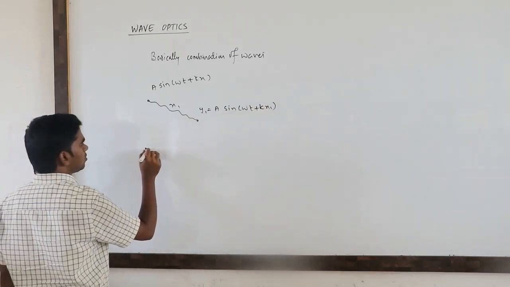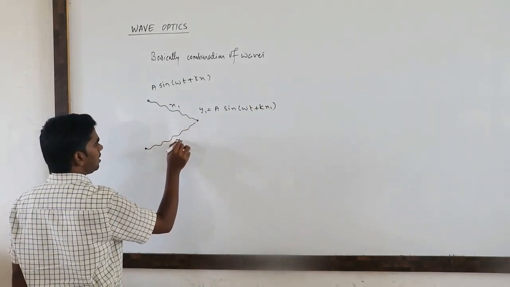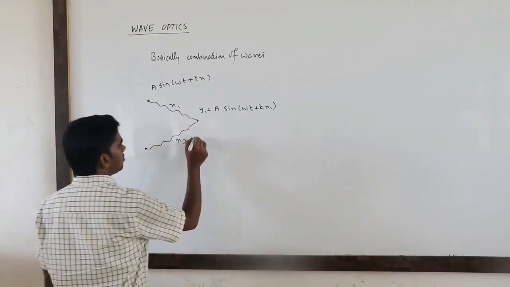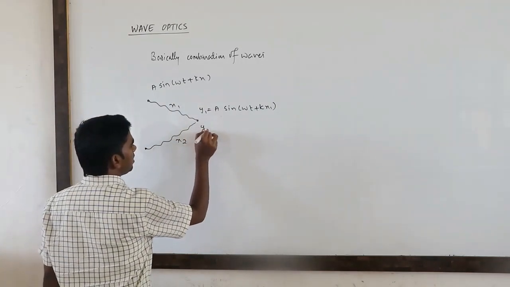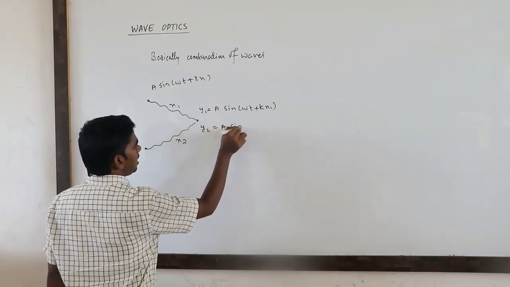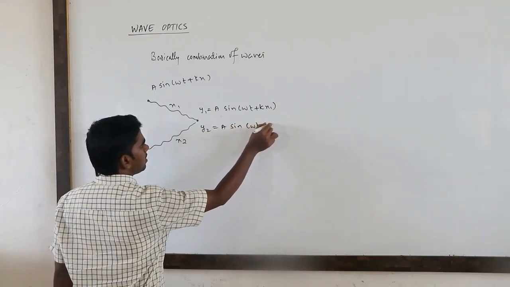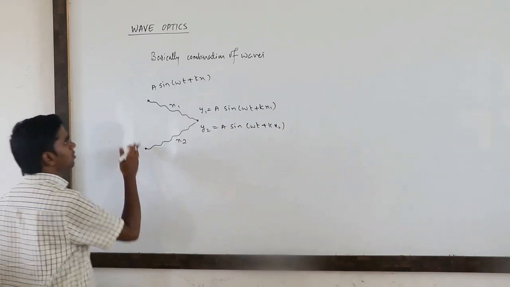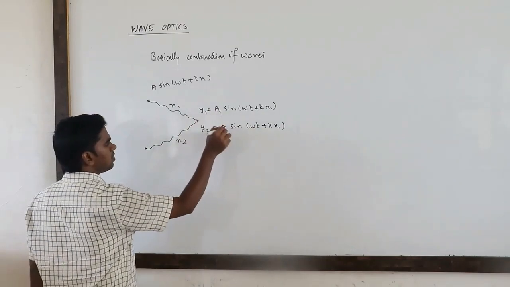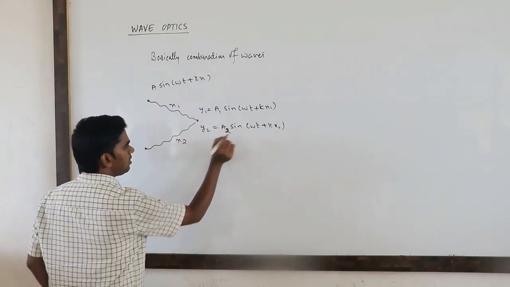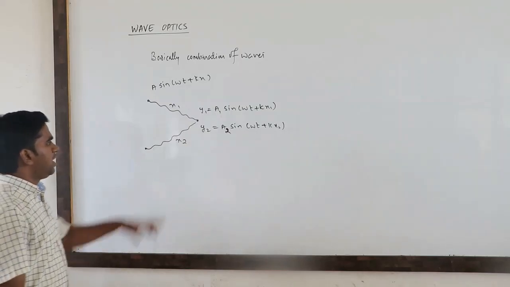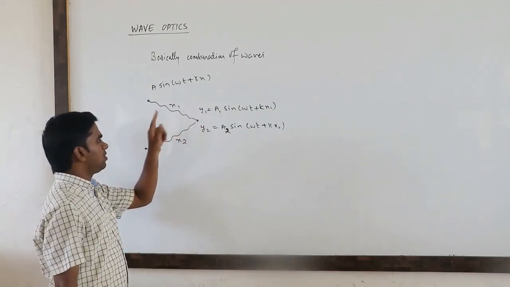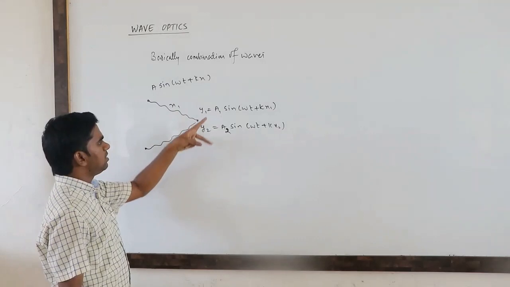Similarly there is one more source, so light is coming from here also, say after traveling a distance x2. Here you will write it as a sin(omega t plus k x2). Suppose the sources are different, then the amplitudes may also be different, A1 and A2.